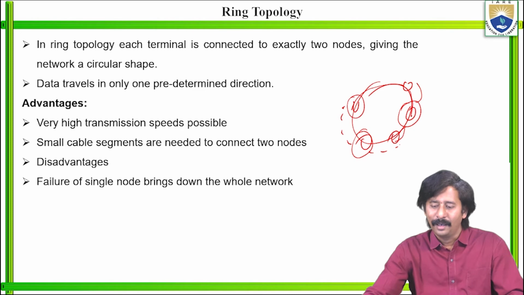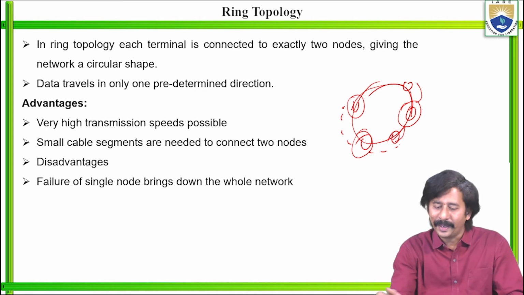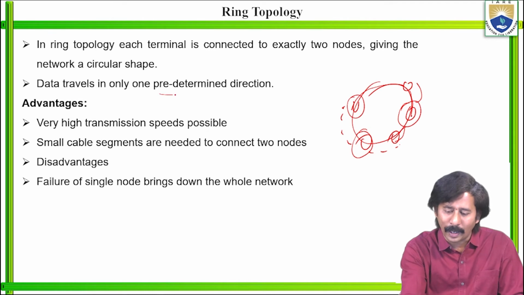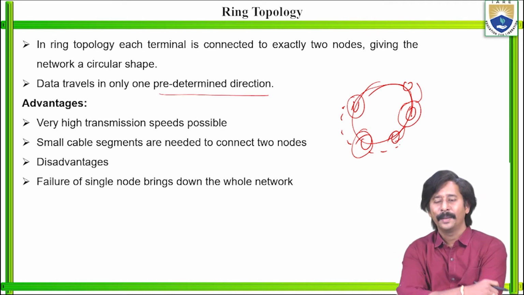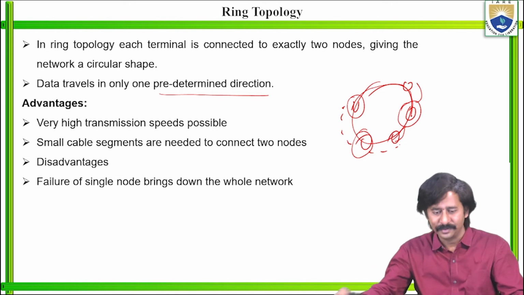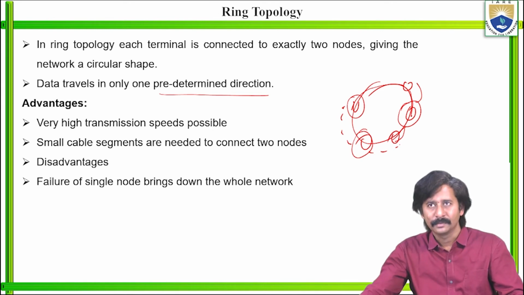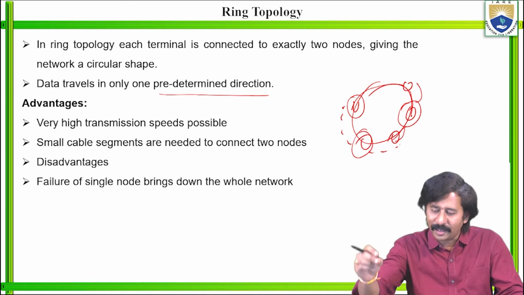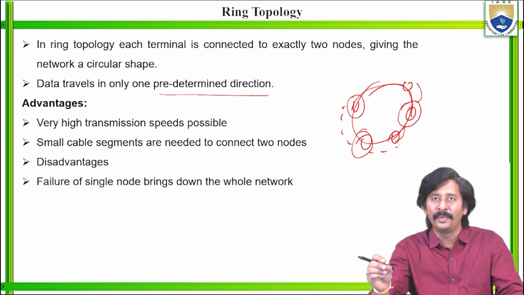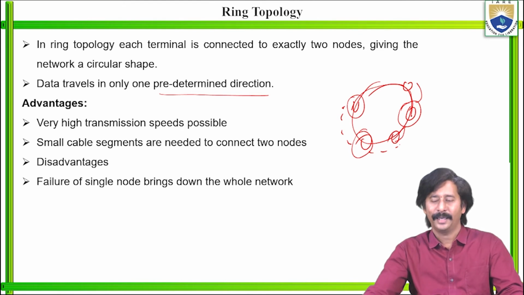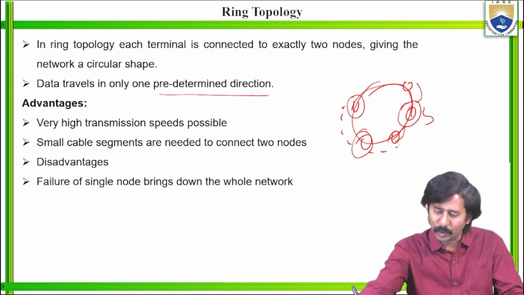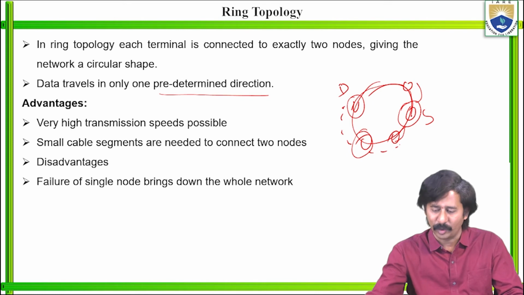But when compared to the previous topologies, here the data travels only in one predetermined direction. What does that mean? Here we need to mention the data path before actual data transmission takes place. For example, this is my source node, this is my destination node.